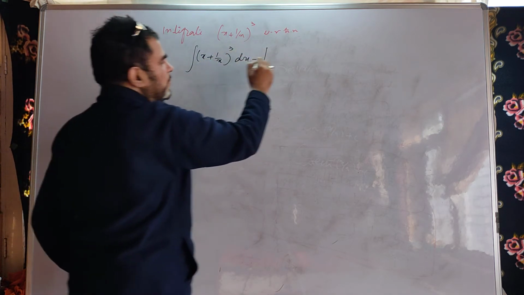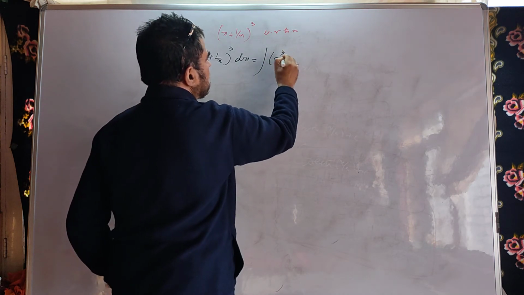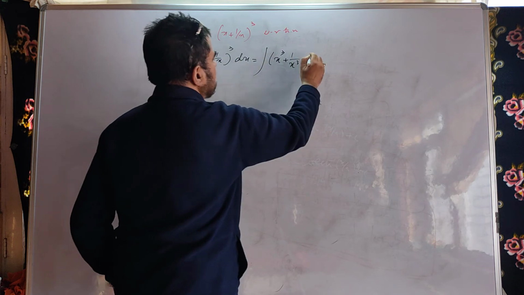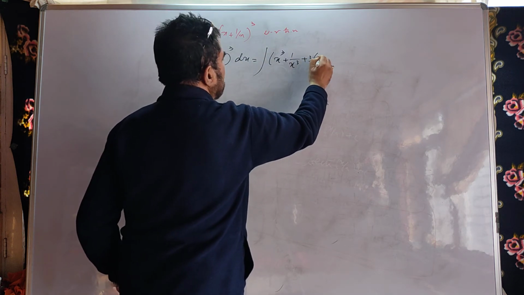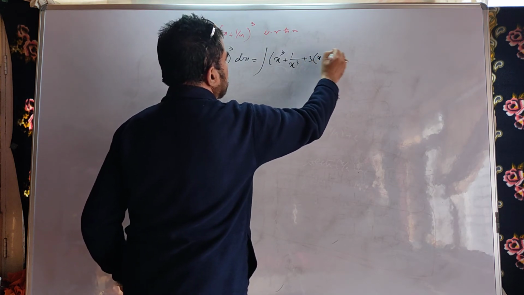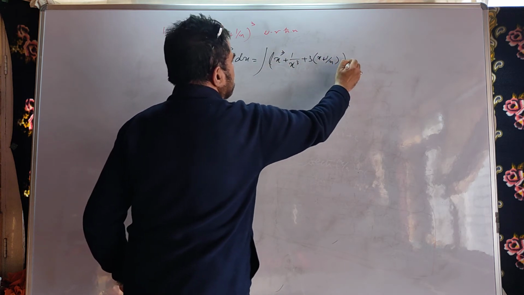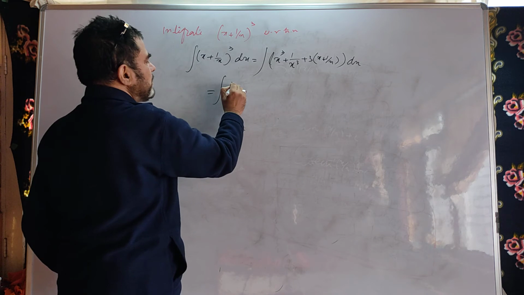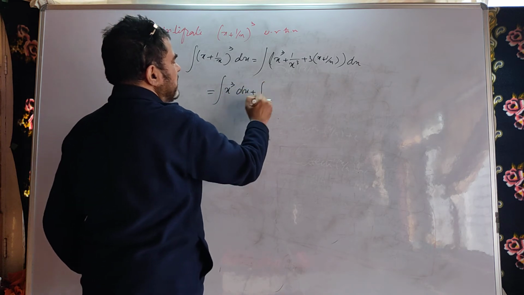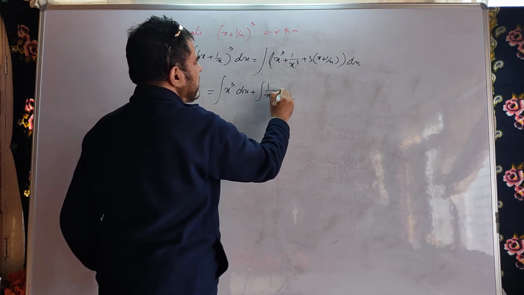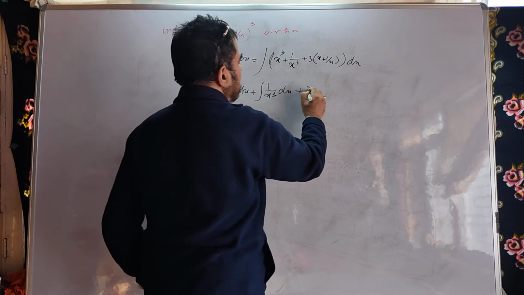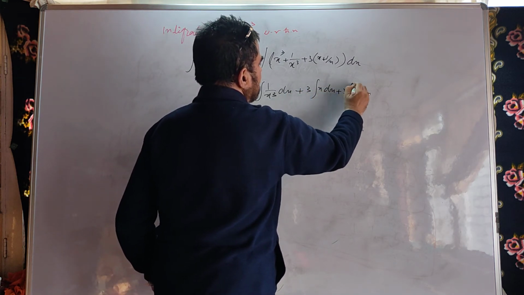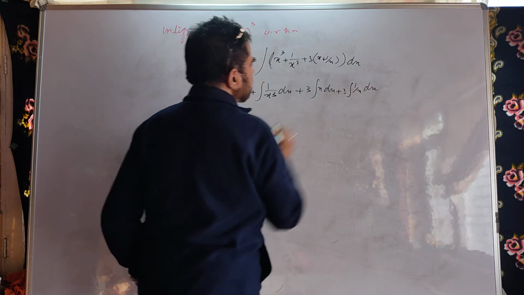Write the a plus b whole cube formula: a cube plus b cube plus 3ab times a plus b. X into 1 by x is 1. This is 3 times x plus 1 by x dx. This comes out to be integral of x cube dx plus integral of 1 by x cube dx plus 3 integral of x dx plus 3 integral of 1 by x dx.